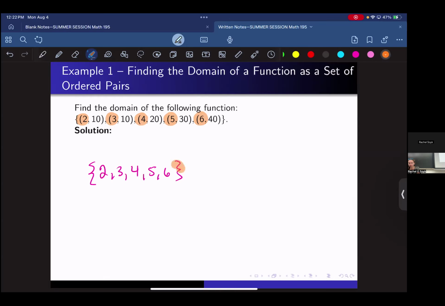And there we have it. This is our domain for this set. Our range would just be all of our possible y values. And I'll write down our definition of domain informally over here: equals all possible x values.